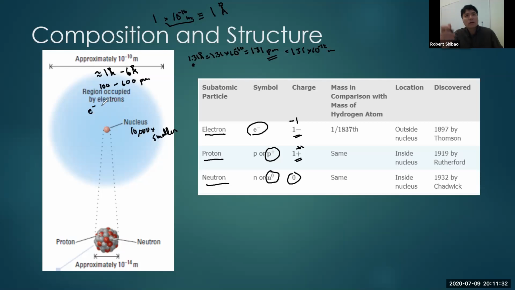If electrical forces are the most important in chemistry, then what's holding the nucleus together? Because like charges repel. Each of these red things is positively charged, and the neutral neutrons are there, so what's holding this together? What's holding this together are nuclear forces.